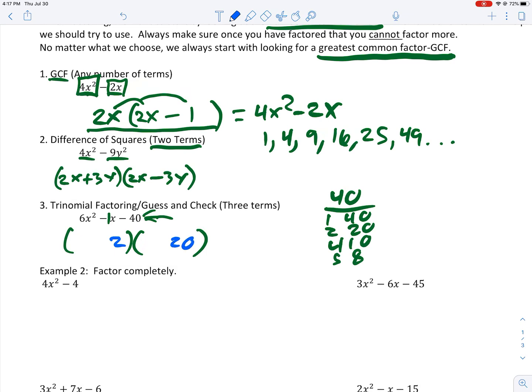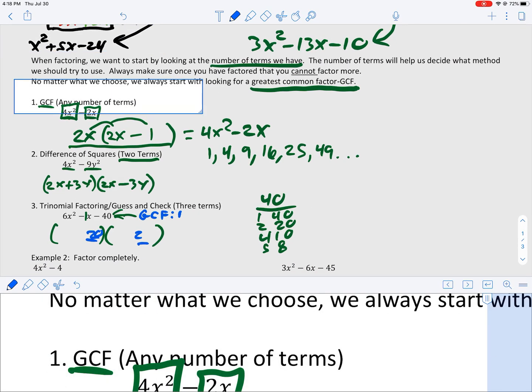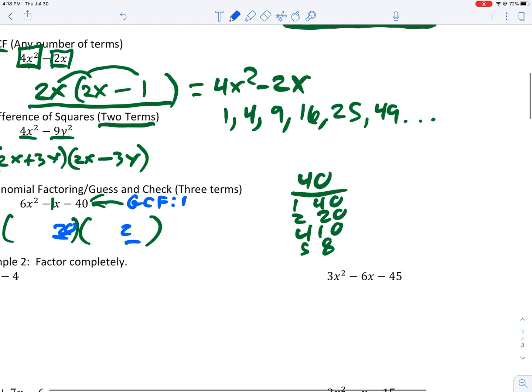So for example, how do I know 2 and 20 will not work? Because they have a GCF of 2. But we said the GCF was 1. This would have a GCF of 2, and vice versa if this was 20 and that was 2.